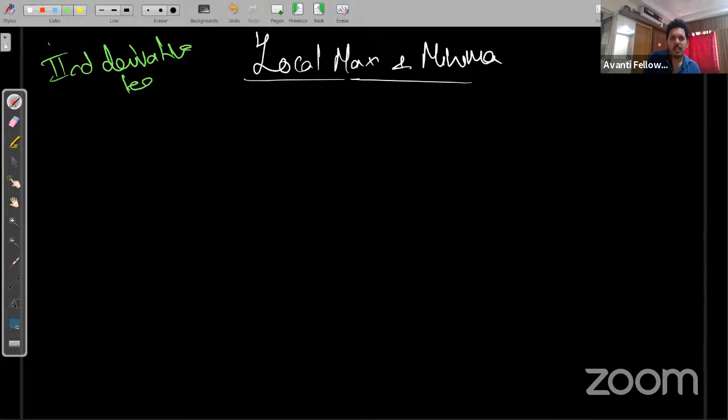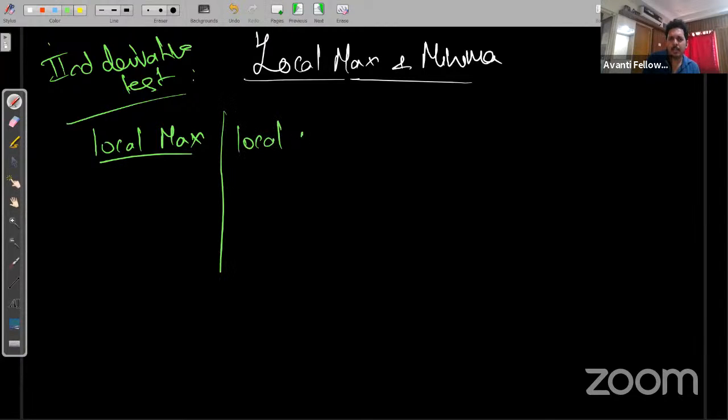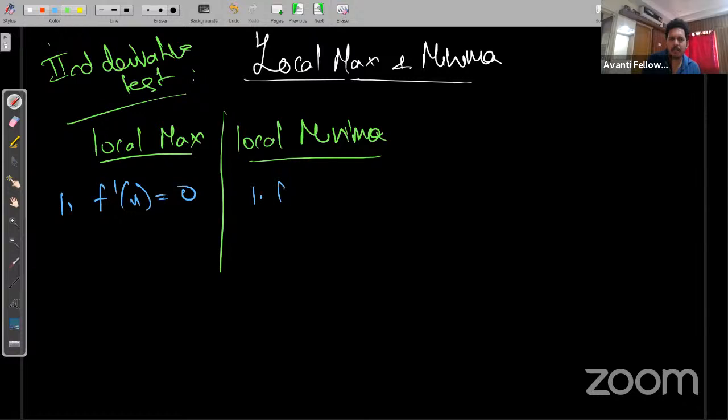Second derivative test. Guys, I think you already have some idea? What are the conditions for local maxima and what are the conditions for local minima? See, one thing you already know all the time: f dash of x is equal to 0. Everyone agree? Second derivative means, in the name itself it is there, we are using the second derivative for saying whether it is maxima or not.